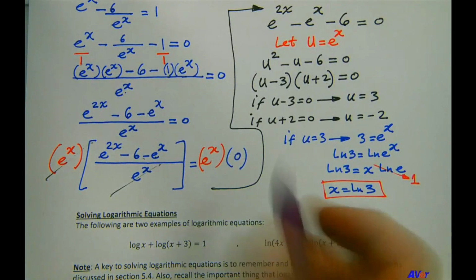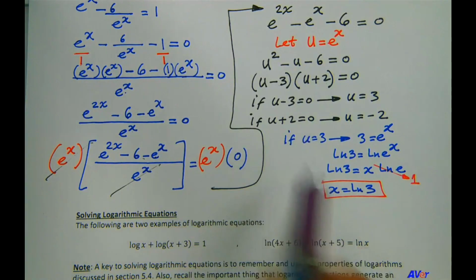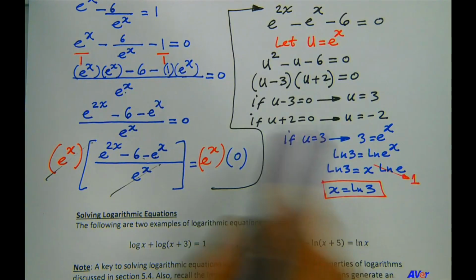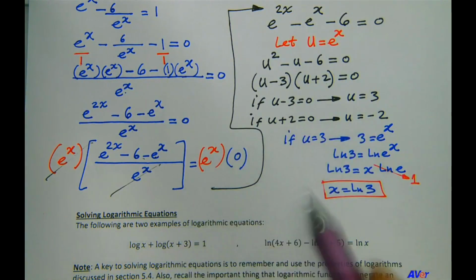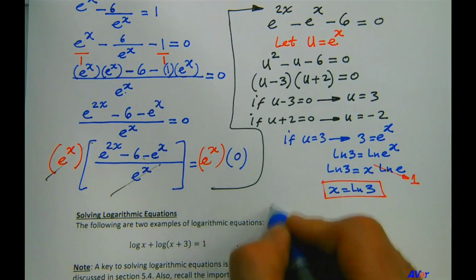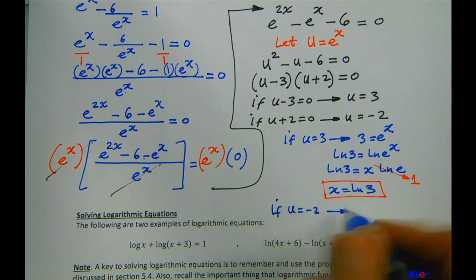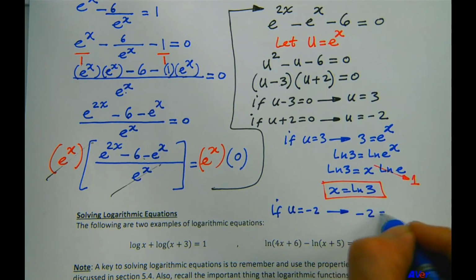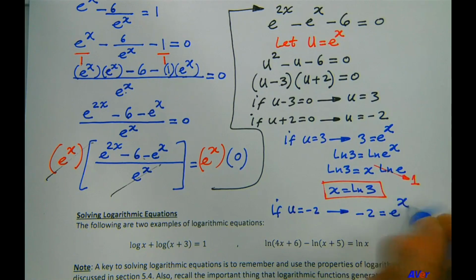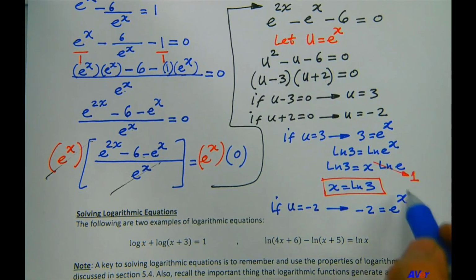So for the next solution, let's see what the x value would be if u equals negative 2. If u equals negative 2, then negative 2 would be equal to e to the x. You can see that there is no solution again. For this u value, there is no solution for x. Why?